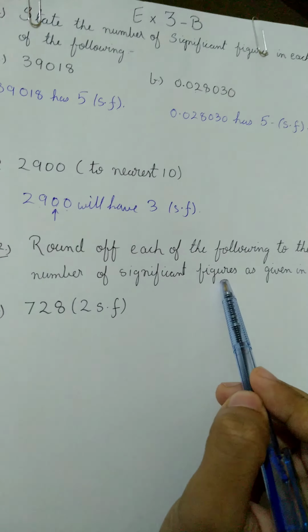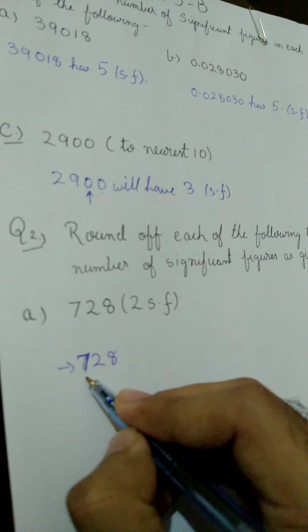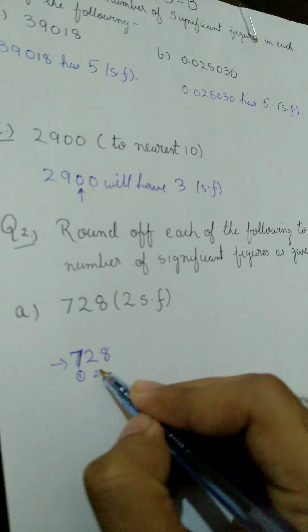The amount of significant figures I can find, we always start with the left side. So 728, all three of them are significant. 7 is my first, 2 is my second, and 8 is my third. Here in the question, two significant figures is asked, so I will take this 2 here. So I have to round off this number up till 2 here.